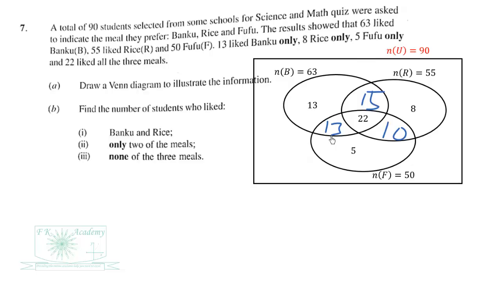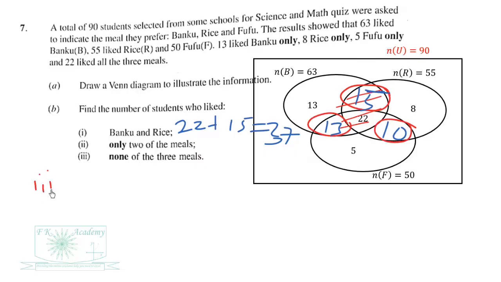So we need to add this region. Let me shade that region so that you can see it well. This region. So Banku and Rice is the shaded region, which is 22 plus 15. And that will give us 37. Then we have only two of the meals. So only two of the meals, we are going to add this to this to this.